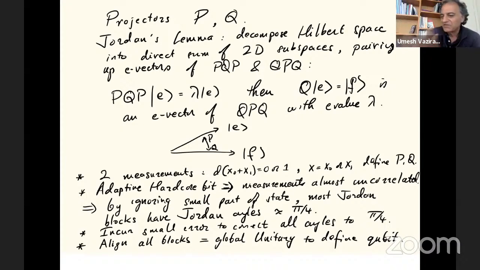And so if we stack these Jordan blocks on top of each other, what we've actually defined is some unitary change of basis under which these two projectors can be the operators x and z acting on the first qubit, right? So this is a way to locate the qubit up to a unitary change of basis.